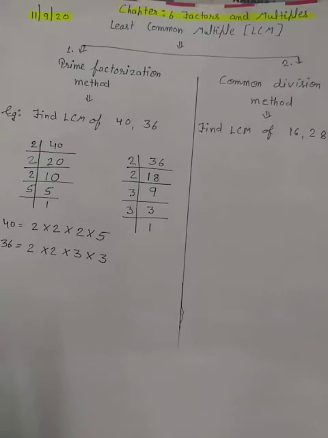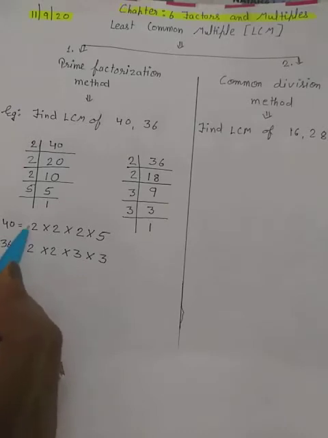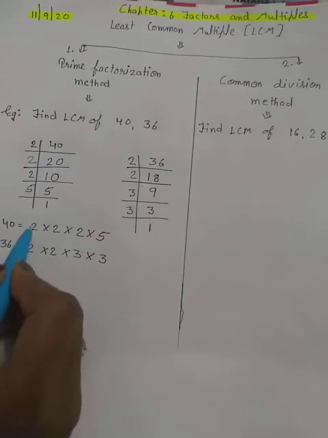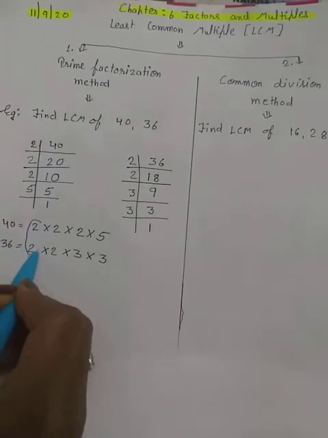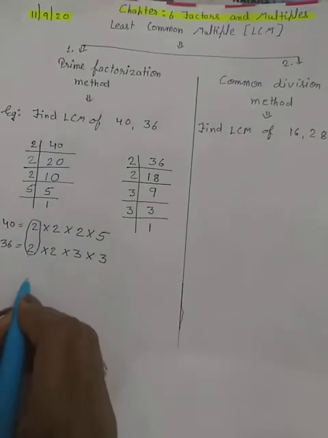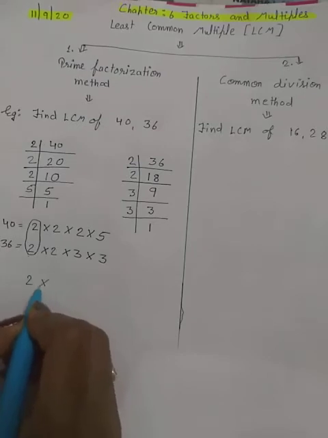Now how will we find the LCM? See carefully. We have a common number 2 in both. Circle it and write only one 2.